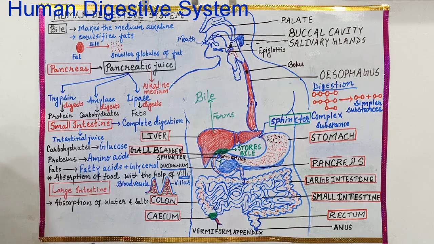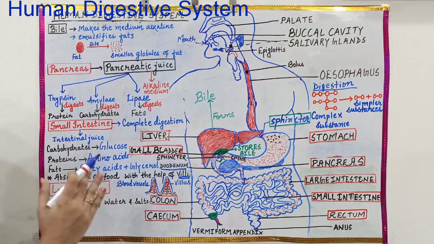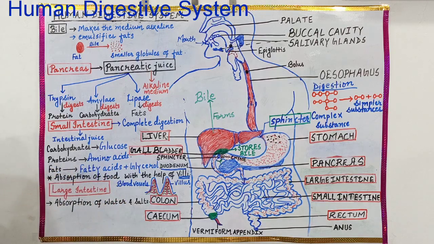Here, I want to share one interesting fact. The small intestine of carnivores is shorter and the small intestine of herbivores is longer. The reason is that herbivores depend upon plant material which contains cellulose. Because cellulose is difficult to digest, the food needs to be present inside the small intestine of herbivores for a longer duration.